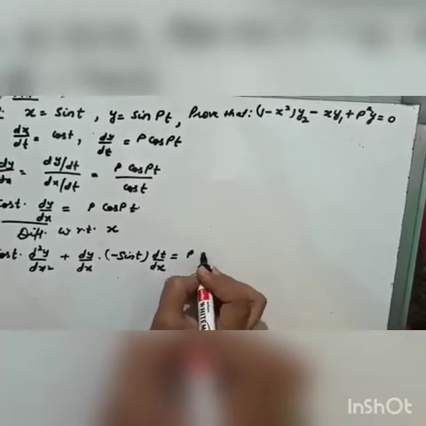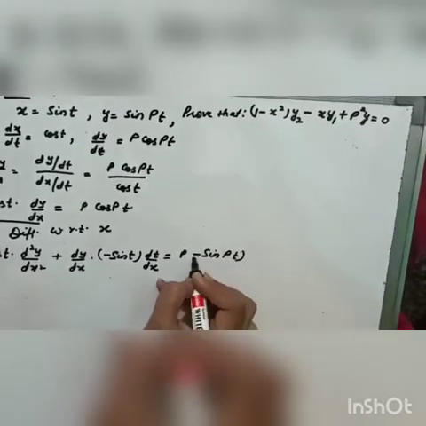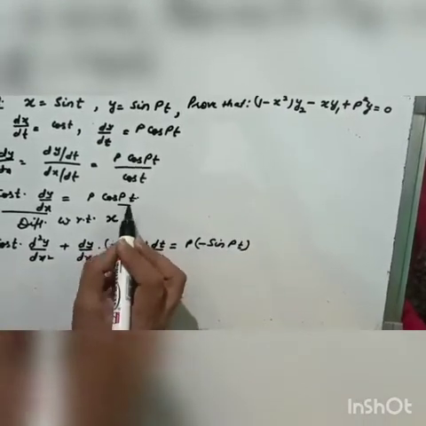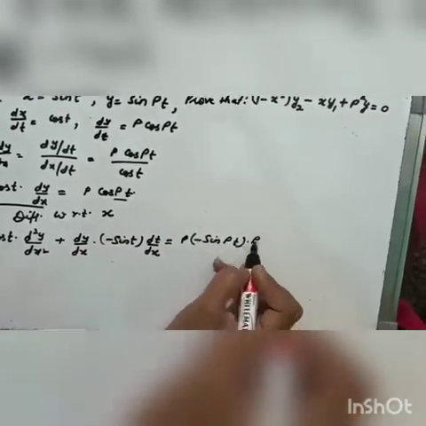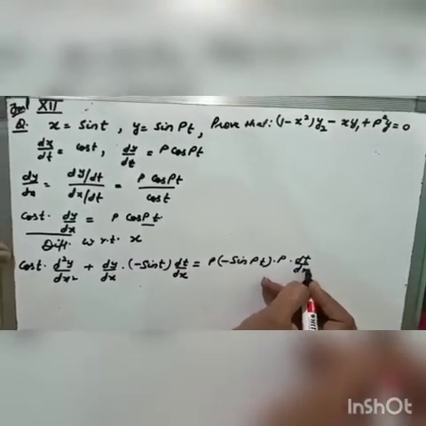Equal to p, cos pt derivative is minus sin pt, and this pt derivative is p, again it is a function of t, into dt by dx.